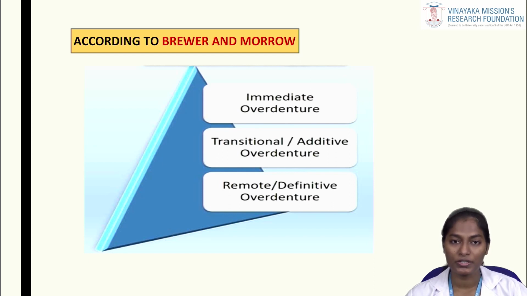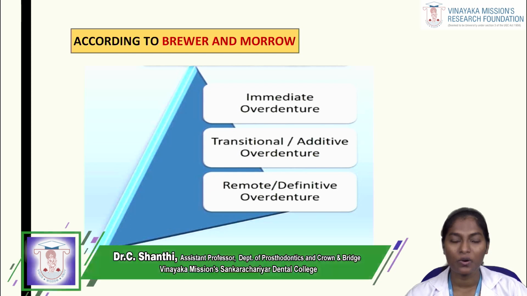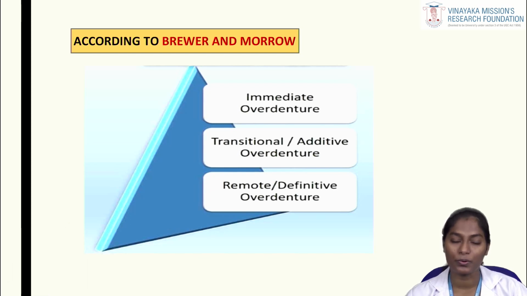For such patients, the immediate overdenture lasts for long support, and it also enhances the patient's ability and adaptability to wear dentures. Sometimes this immediate overdenture can also act as a prognostic aid before we proceed with a much more comprehensive procedure for overdenture treatment.